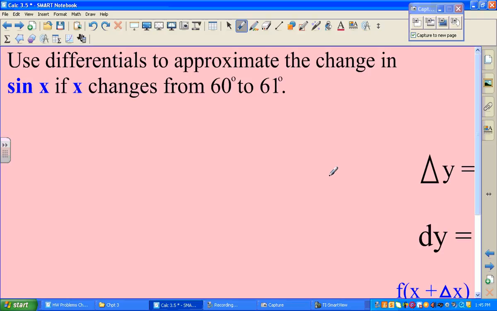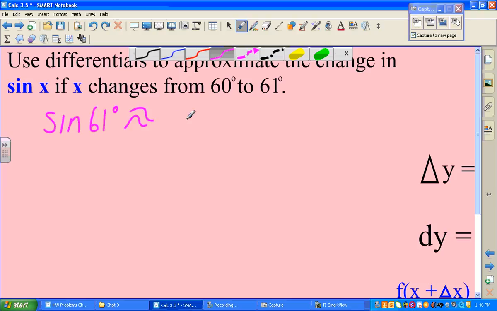All right, Kylie, are you ready? Kylie Stewart's going to help me on this one, so everybody else be quiet. Even the sine of 61 degrees is loosely approximated by: the sine of 61 is approximately equal to the sine of 60 plus, Kai, what's the derivative of sine?